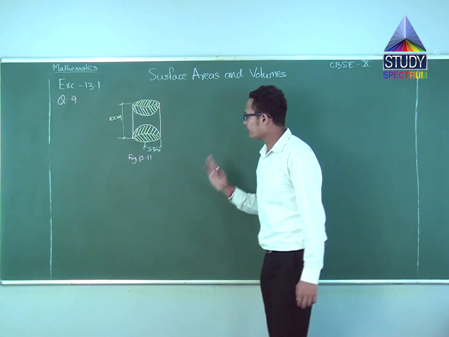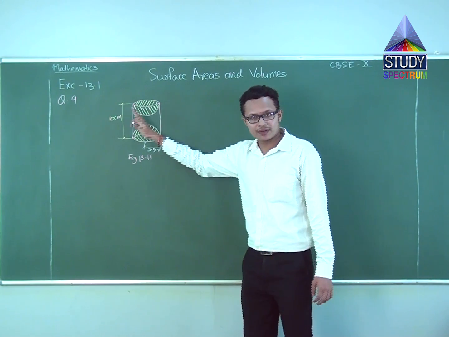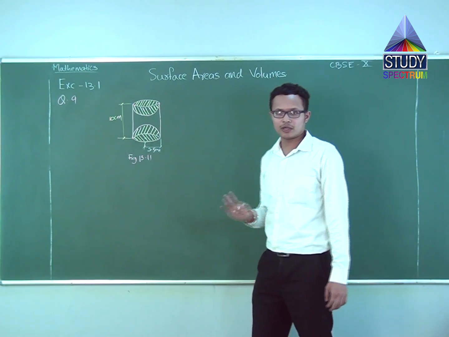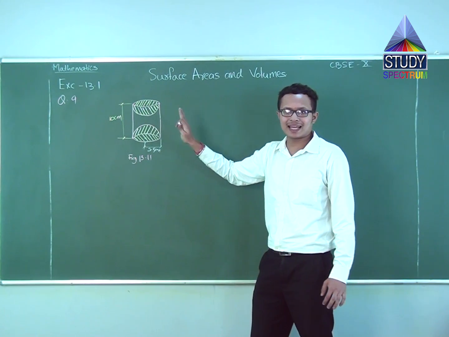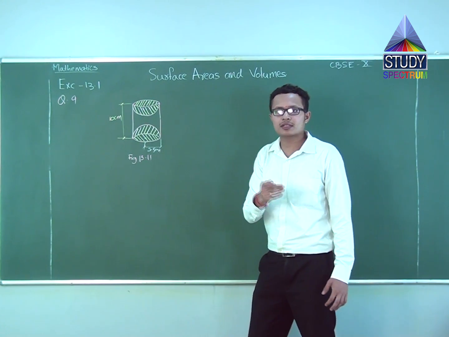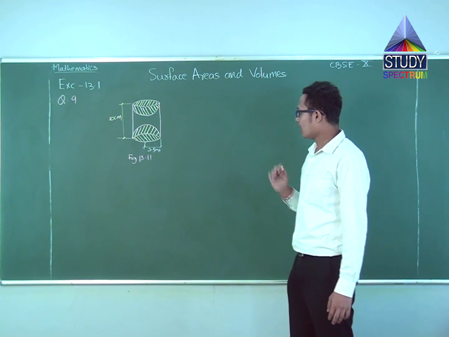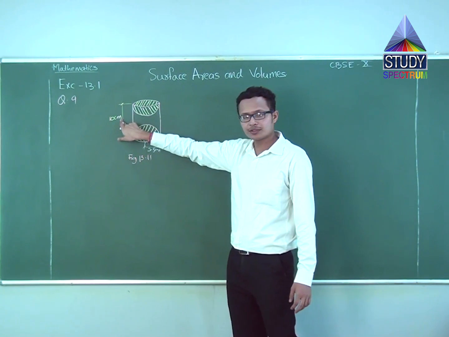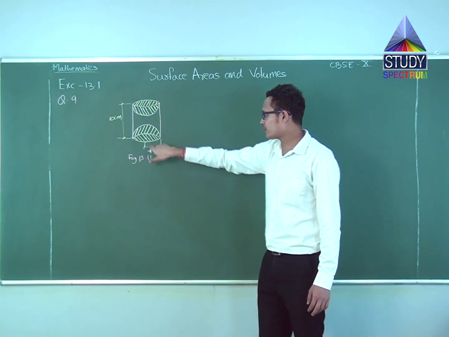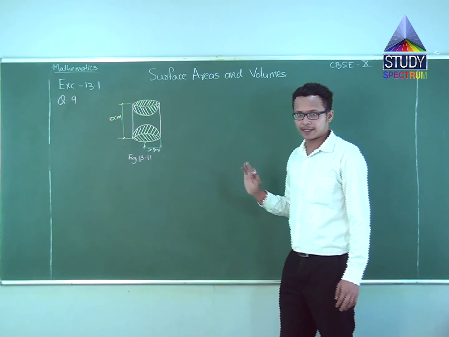What we are supposed to find here is the surface area of this object. Mind you, this is not the object that is present, it's actually empty space because it is removed. What's given here is the height of the cylinder is 10 centimeters, the base radius of the hemisphere is 3.5 centimeters, and we have to find the total surface area.